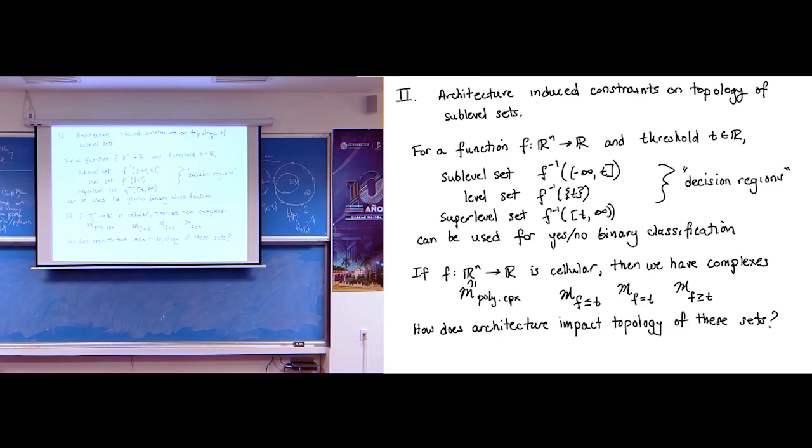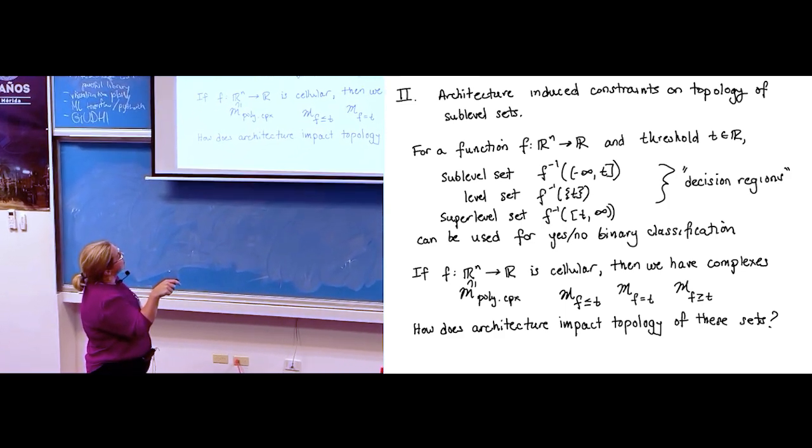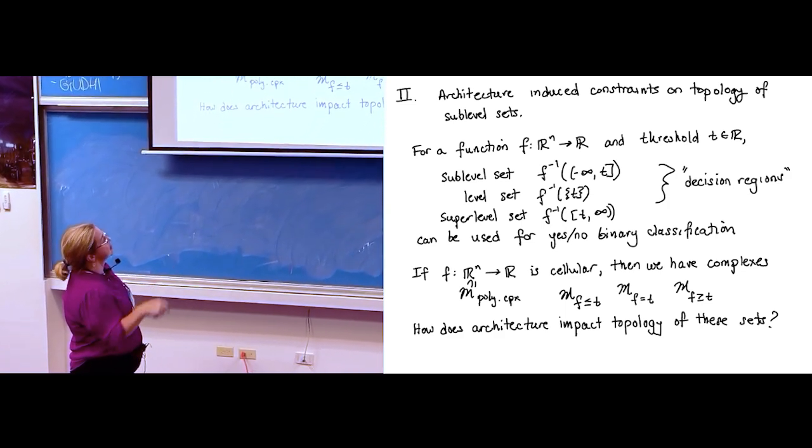So it's the preimage of the ray from negative infinity to t. The level set is the points where it actually equals t, and then the superlevel set is where it's greater than t. You guys have been thinking about Morse theory, so I guess this is probably familiar. So we can call these decision regions.